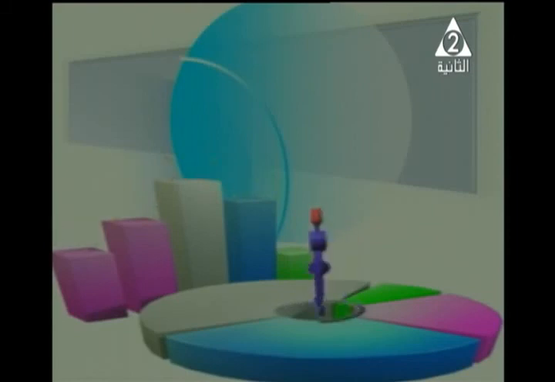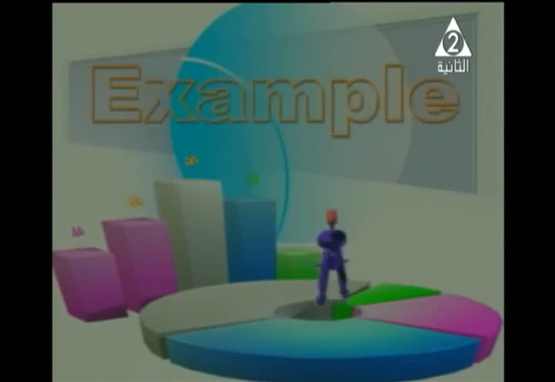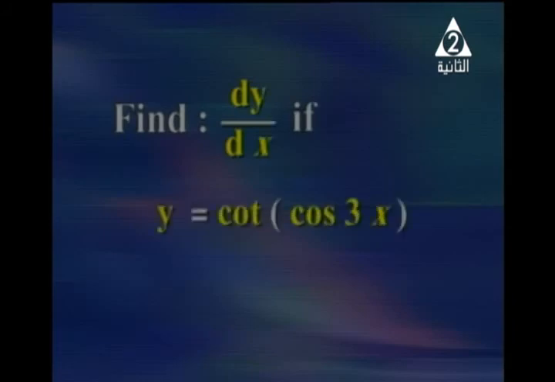Now we are to translate to another example. Find dy by dx if y equals cot, what? 3x.